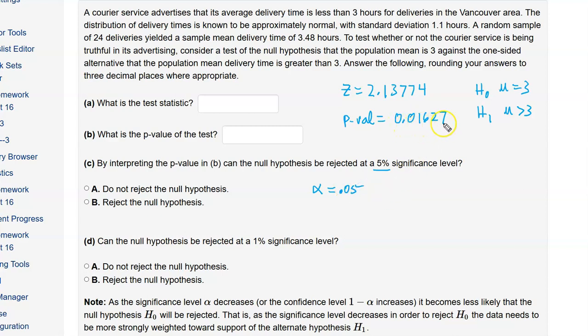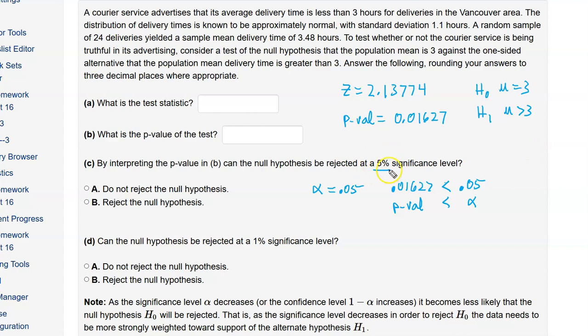And notice that our p-value is less than alpha. The 0.01627 is definitely less than 0.05, where that is our alpha, and this is our p-value. So because of this, we reject the null hypothesis and we support the alternate hypothesis.